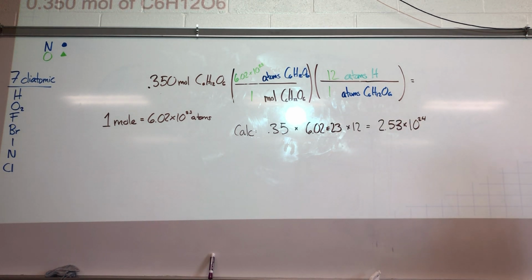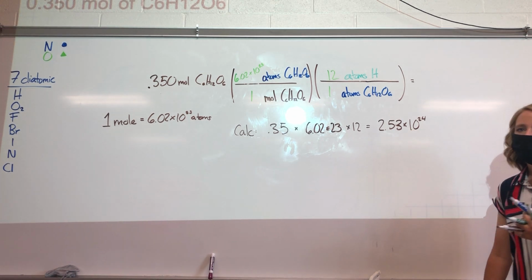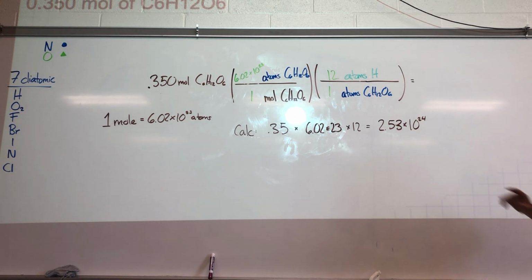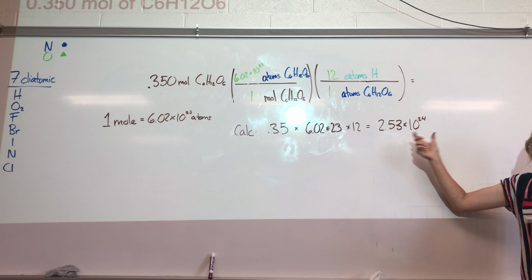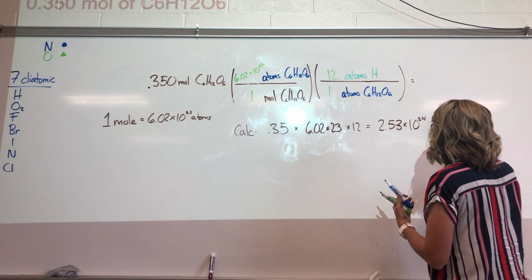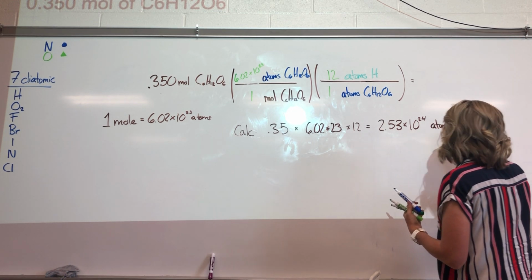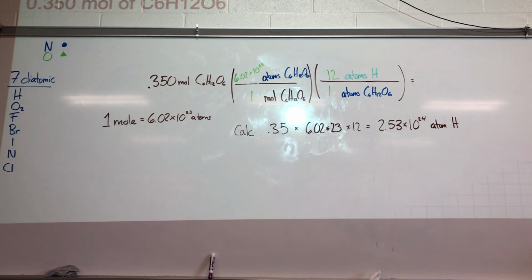Yes, you totally can. You can use the E in your answer as well. Now, all answers need units as well. So what is this number? Good, atoms of hydrogen. Don't leave numbers alone. They need a label.